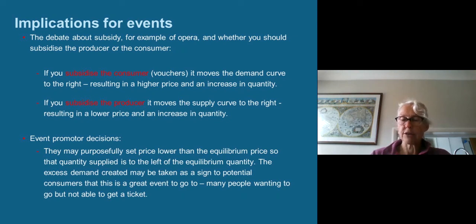So if tickets are at a low price, they sell out quickly, and then it gives this signal to consumers that actually this could be a really great event to go to, because people are trying to go and they can't get tickets. And that can be a way to get something going and encourage people in, and then you can move your prices back up. So there's interesting things that you can do once you understand these pricing implications in terms of encouraging demand.